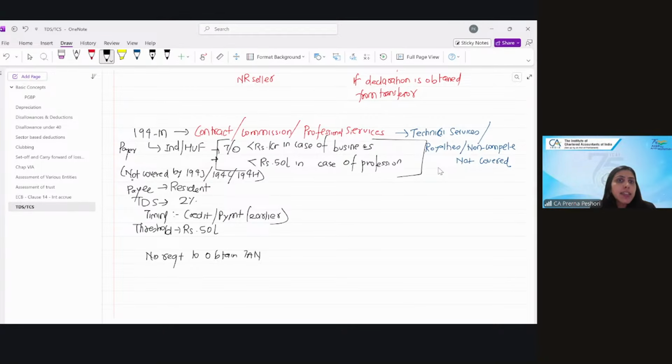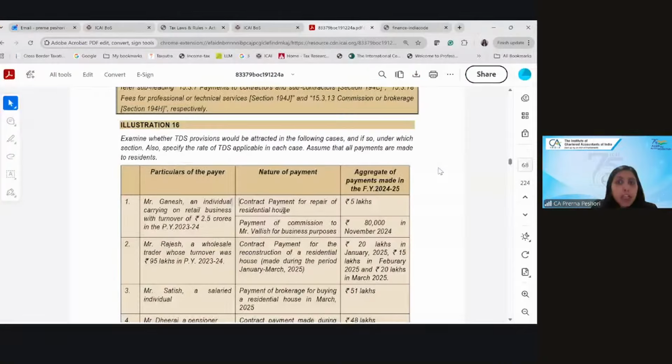The Act simply says not covered by 194J, C or H. If I'm not covered by J, C or H, either because my turnover is less or by any other reason, if it is a payment for personal purposes, then 194M applies, but for 194M to apply, the payment should be more than rupees 50 lakh. Here it is 5 lakh. So 194C and 194M both don't apply. Clear?